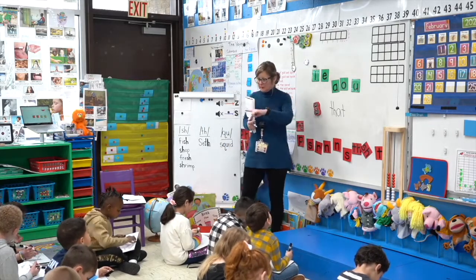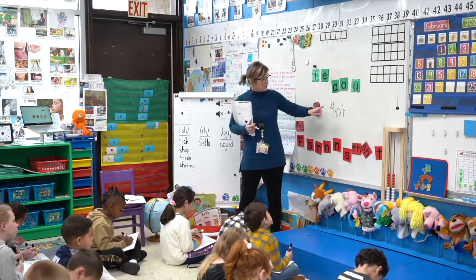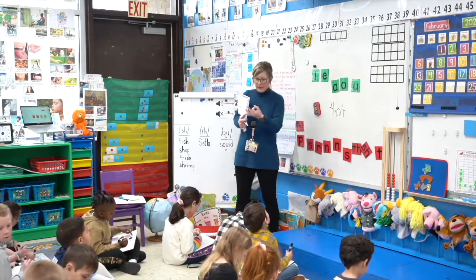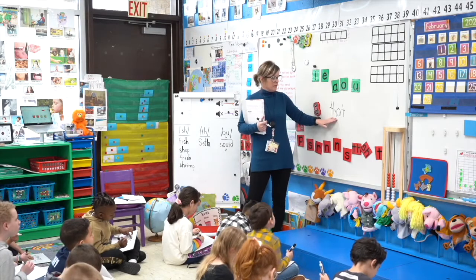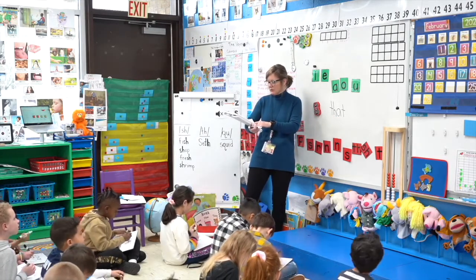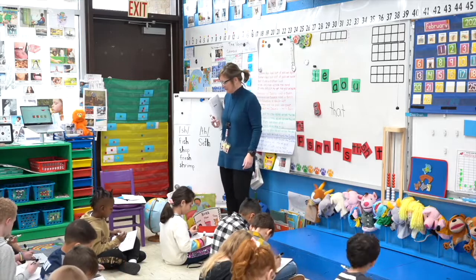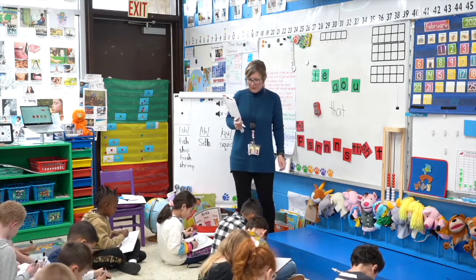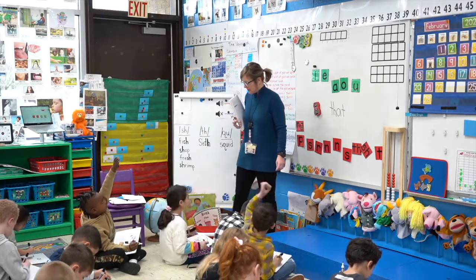Okay, so let's do it. Let's decode each sound. Ready? Go. V, at, that. And go ahead and chunk it like you like to do. V, at, that. Change that to bat. Bat. Change that to bat.